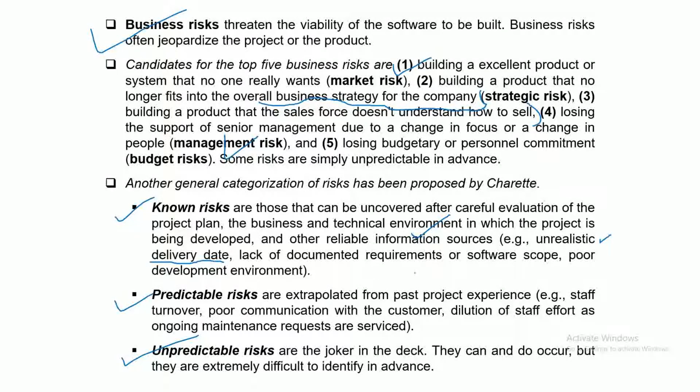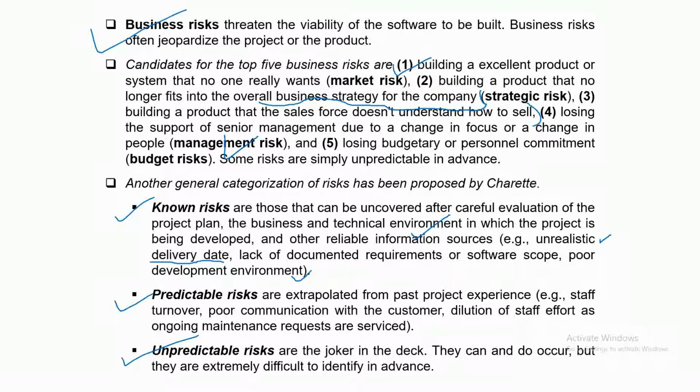Lack of documented requirements or software scope: requirements are not well documented, and software scope is not given proper due consideration. Poor development environment includes many factors. All these kinds of risks that you can become aware of after going through the detailed project plan, business, and technical environment are known as known risks.